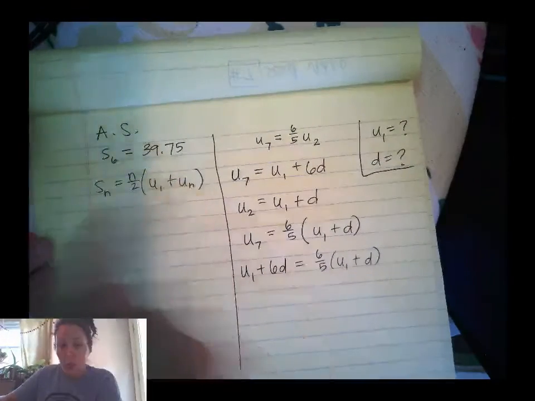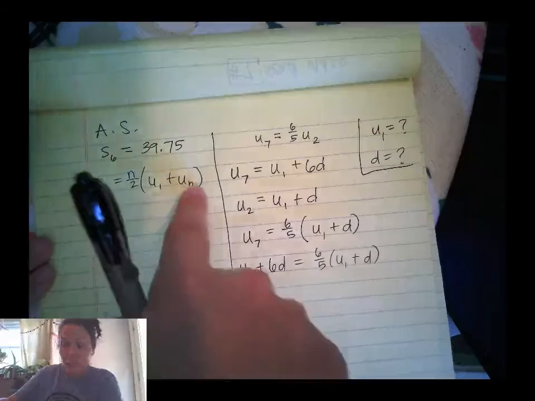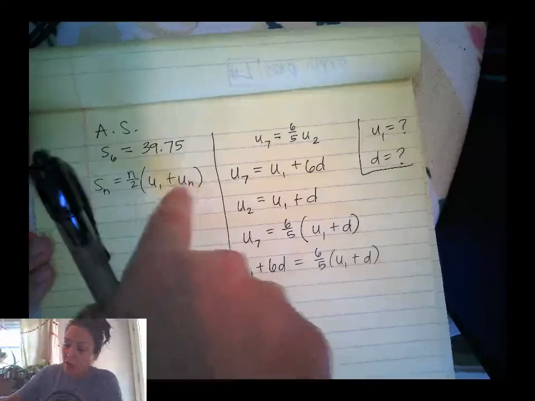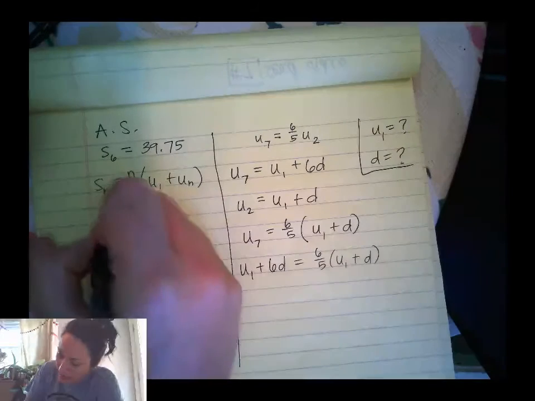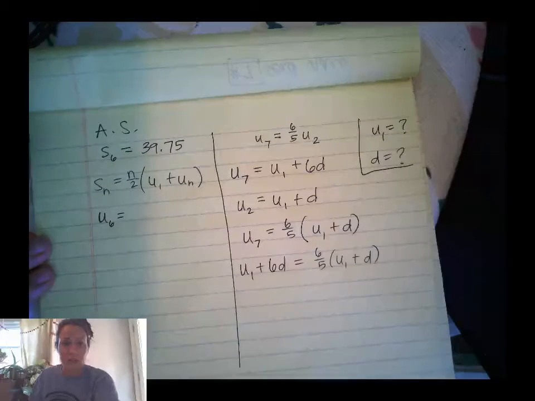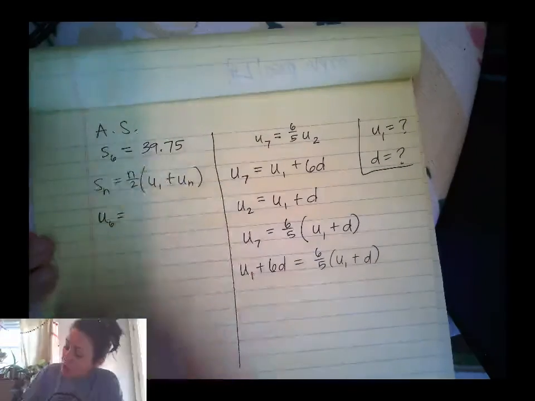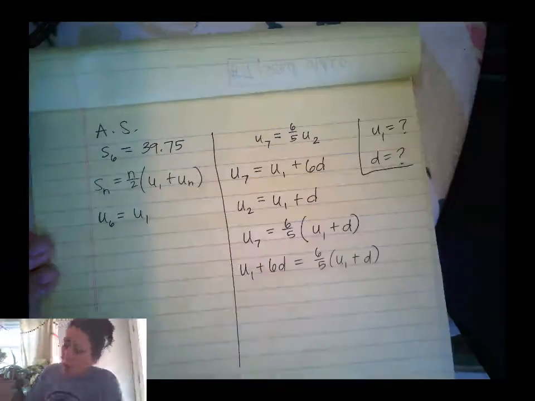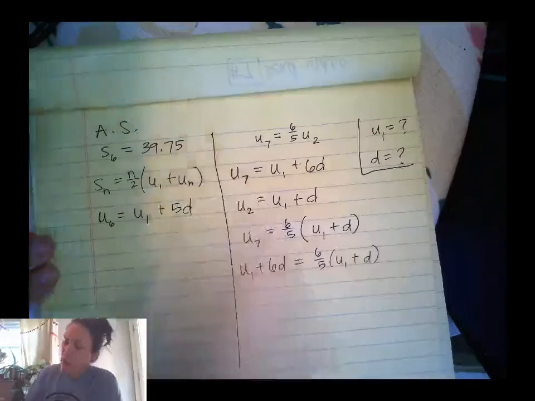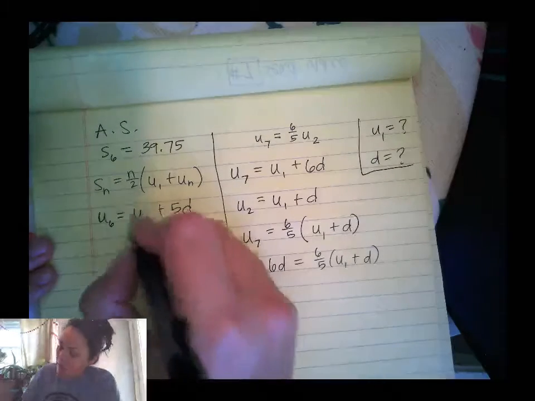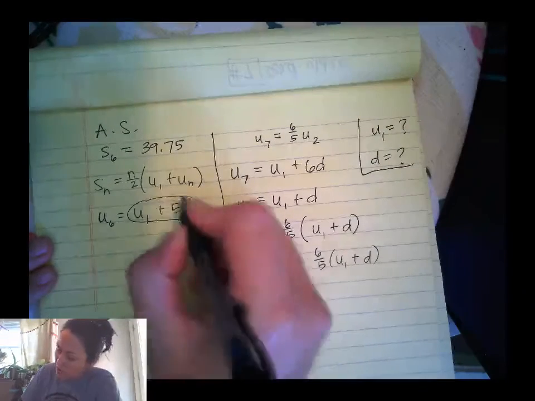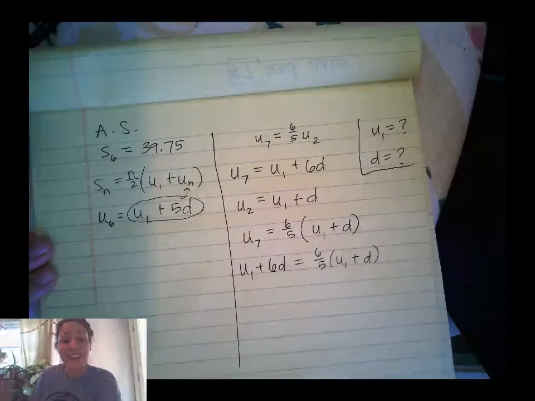For this problem, I know n is equal to 6, so this U sub n is actually a stand-in for U sub 6. I can rewrite U sub 6 the same way we did U sub 7 and U sub 2: it's U sub 1 plus 5 common differences.